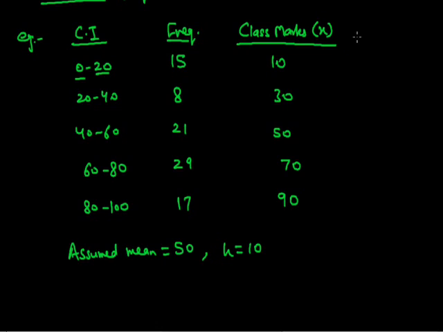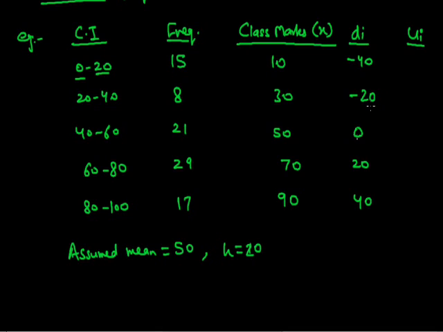Now we will find the deviation and ui. The deviation di is 10 minus 50, that is minus 40, then minus 20, 0, 20 and 40. Because these are still bigger values, we can take h as 10, or you can also take h as 20, which will reduce the values much more.